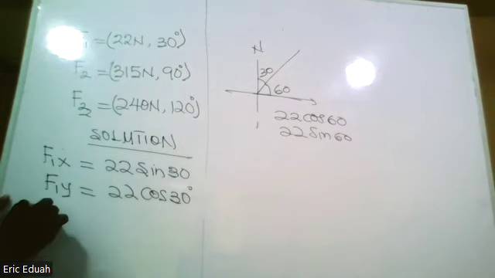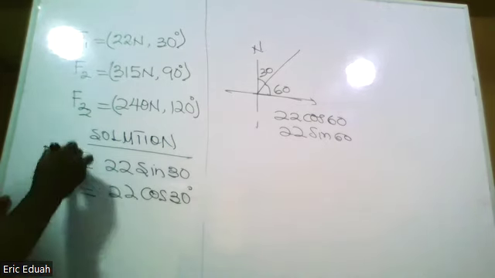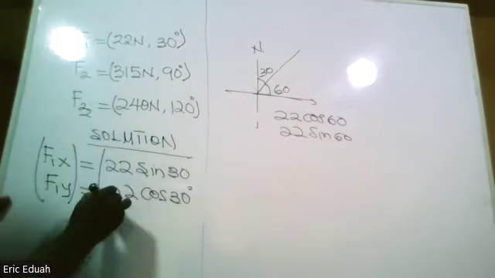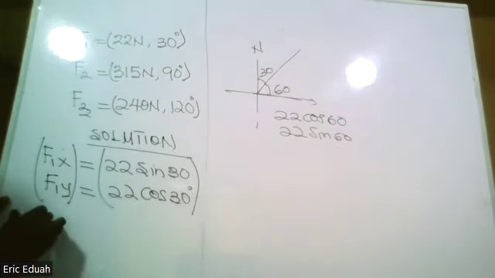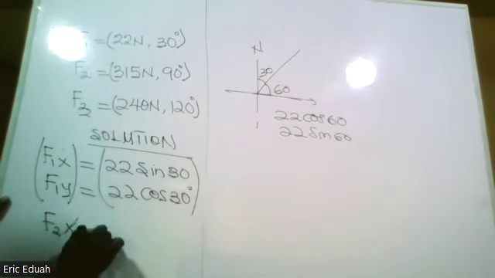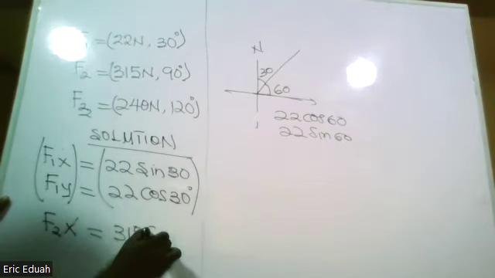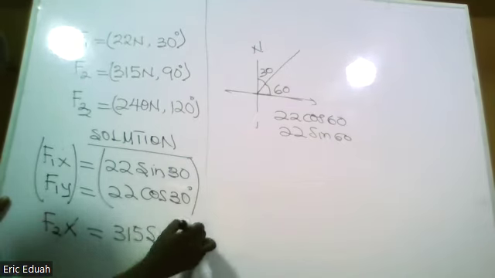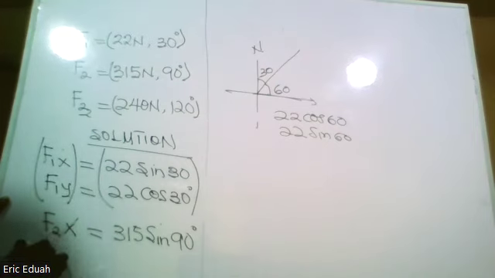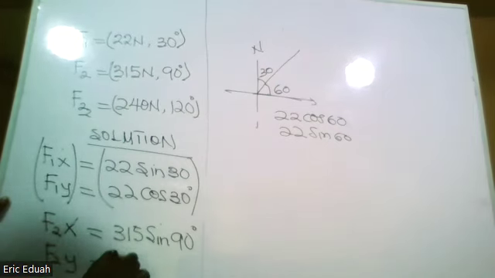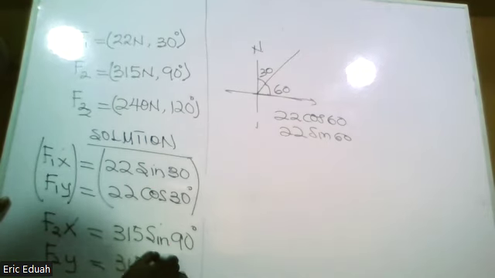Then you resolve F2. F2x is 315 sine 90 degrees. And then F2y, 315 cos 90.